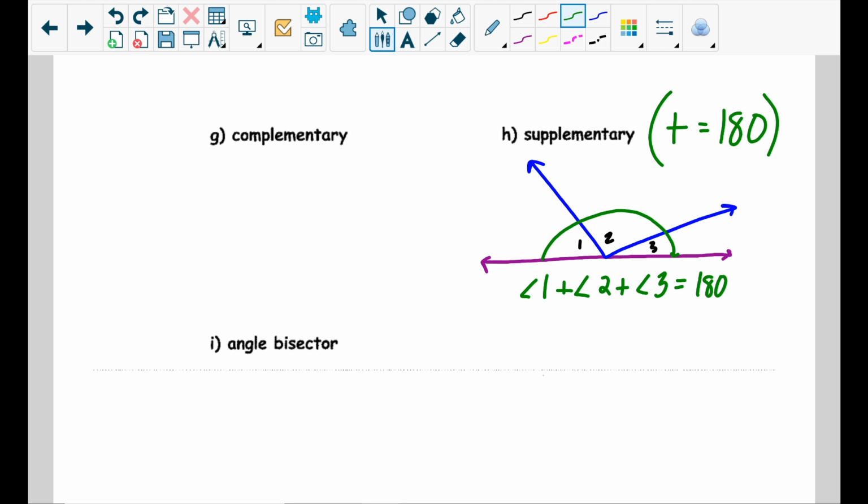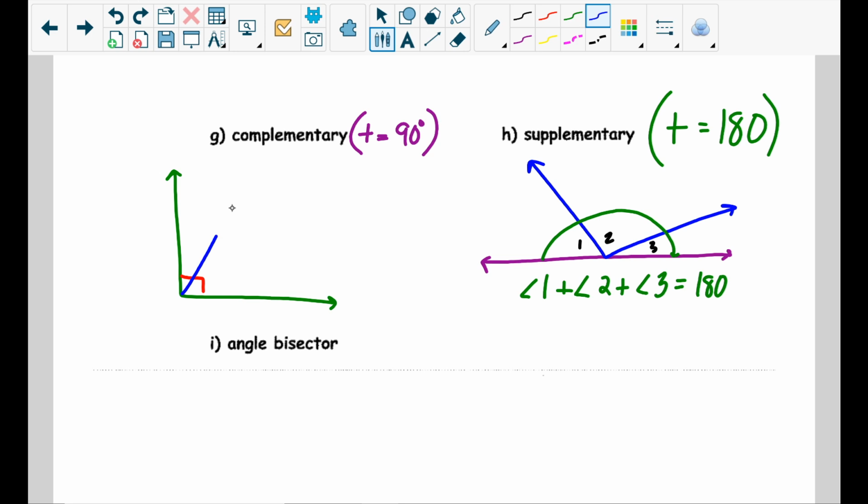So let's go back here now to G. Complementary is what, do you think? Yeah. So supplementary adds up to 180, complementary adds up to 90 degrees. So I get 2 angles here. I have a 90-degree angle. Remember, it's going to have a little box in it, or it's going to have actual angle measures in there.